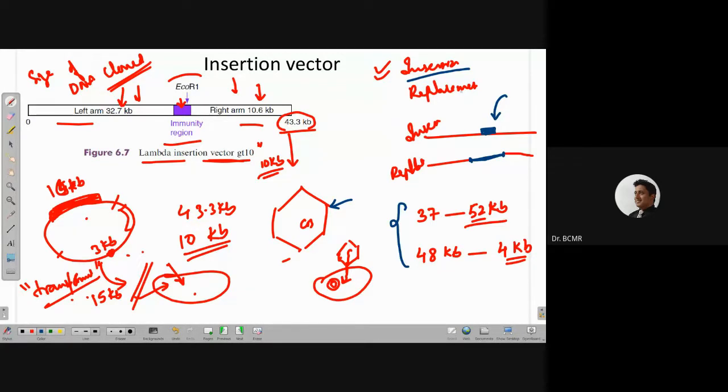Because plasmids are much simpler to handle. The other one we discussed is replacement vectors, and they have a very good advantage. We also discussed why we should even go for phage vectors: it is to increase the size of the fragment that can be cloned.